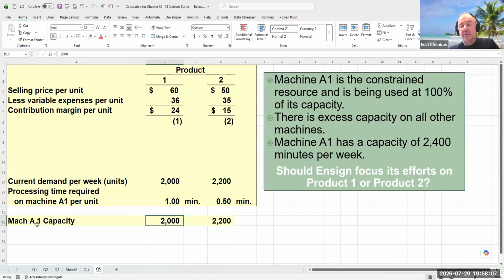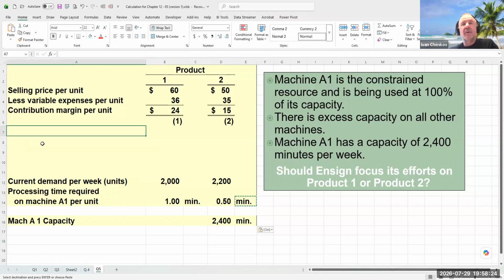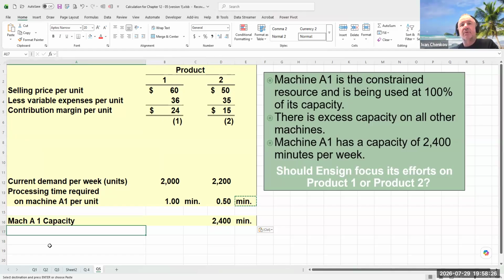Capacity is only 2,400 minutes. That's how much we have. Question is, can we satisfy our demand? Let's see how many minutes we need to produce product one.